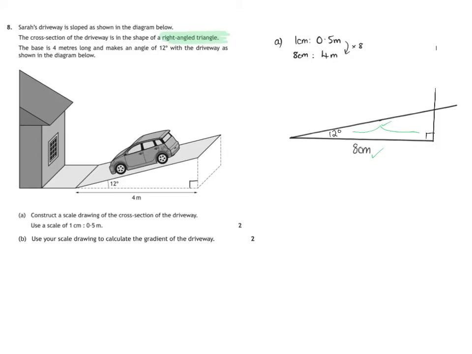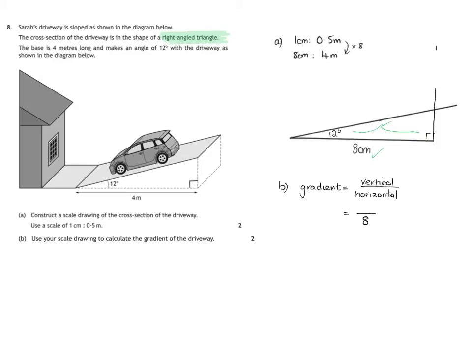So for part B, it says use your scale diagram to calculate the gradient of the driveway. So we know that gradient is equal to vertical over horizontal. Okay, so in that case we need to measure. We know our horizontal is 8.